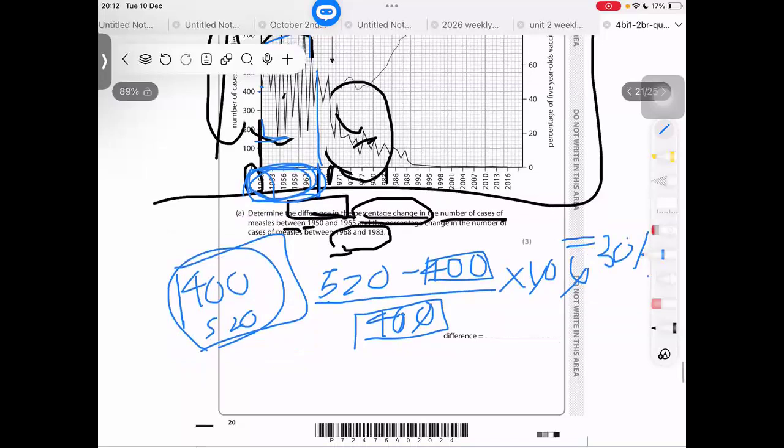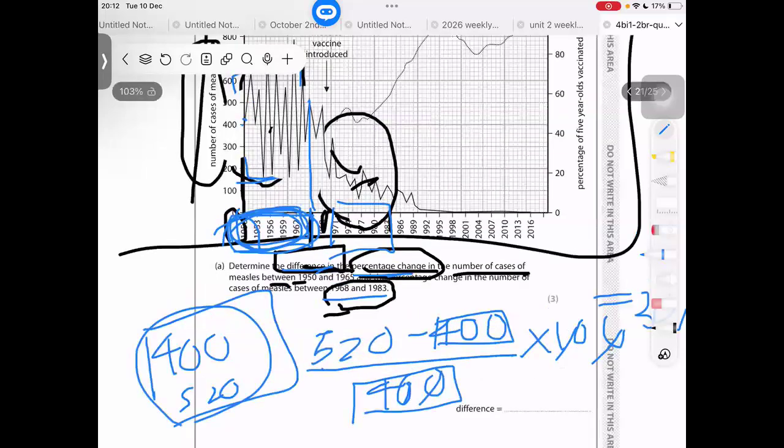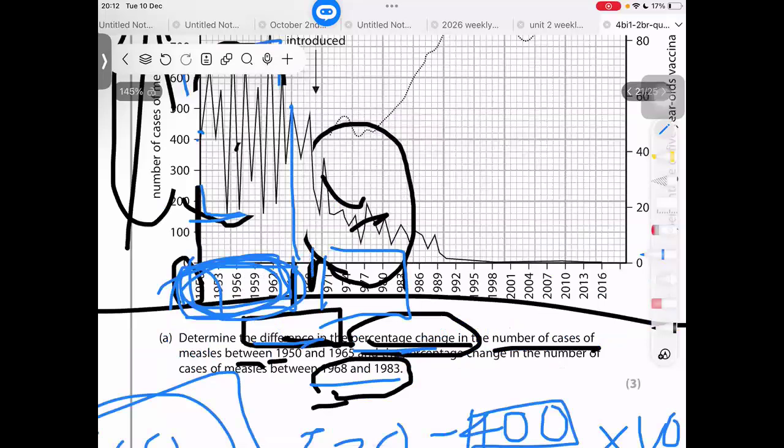Then let's see from 1968 to 1983, what is the percentage change? Because they're asking the difference in the percentage changes, here also we are calculating the percentage change. In 1968, it would be 480 or 490 somewhere over here.